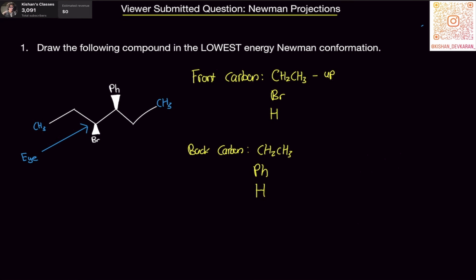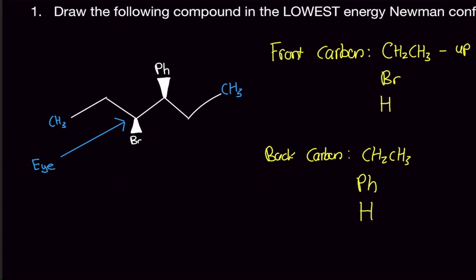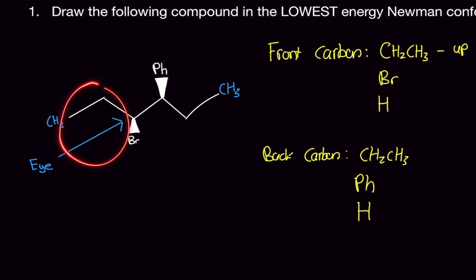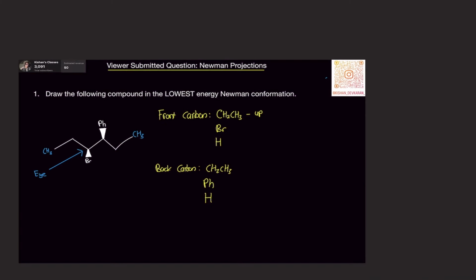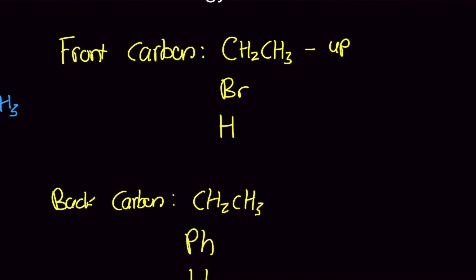And the bromine, since I said it's going to be on a wedge, right? So this is why this is really helpful. Perspective is going from left to right, right? The eye is going from left to right-hand side, right? The arrow is going from left to right. So that means anything on the wedge will be on the right-hand side. So the bromine will be on the right-hand side. And this would leave the hydrogen on the left because that's the only space that's open.